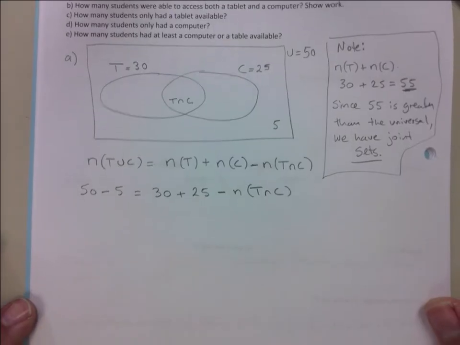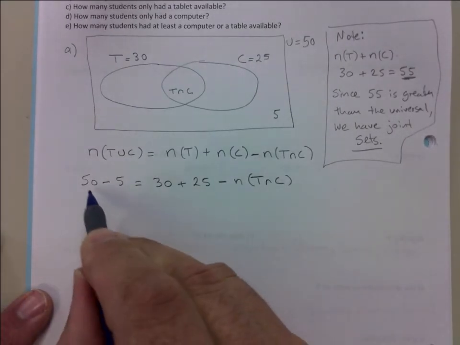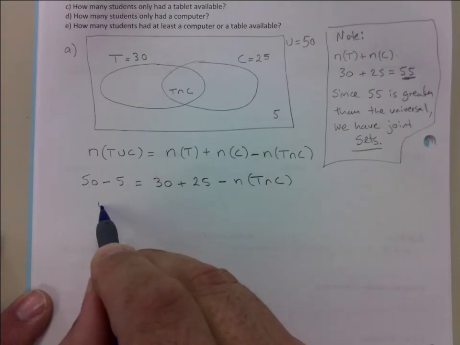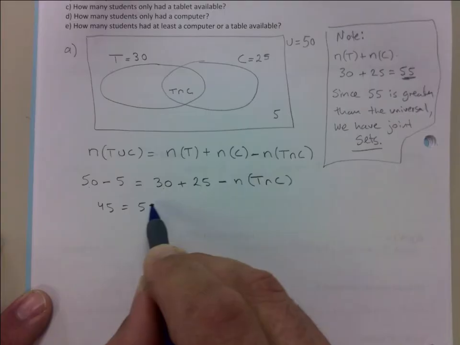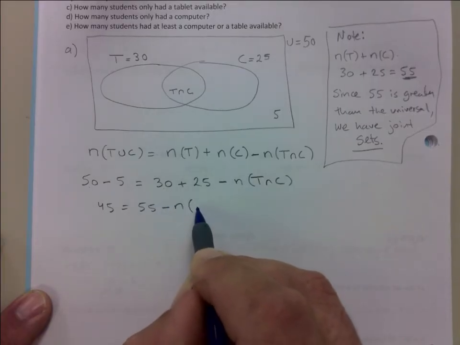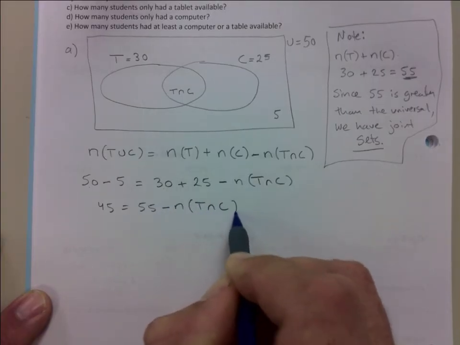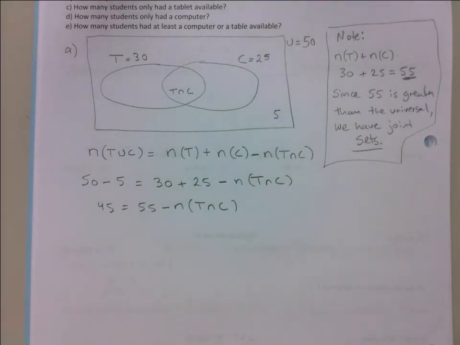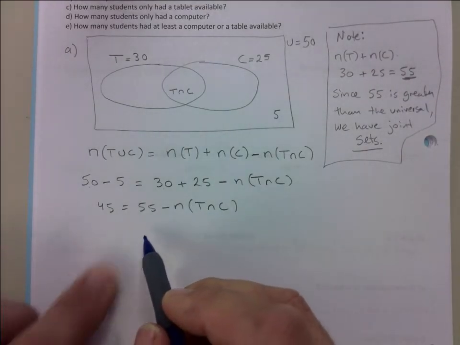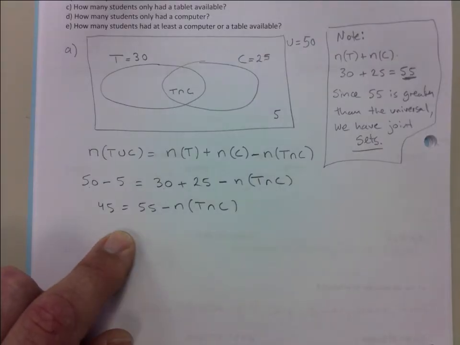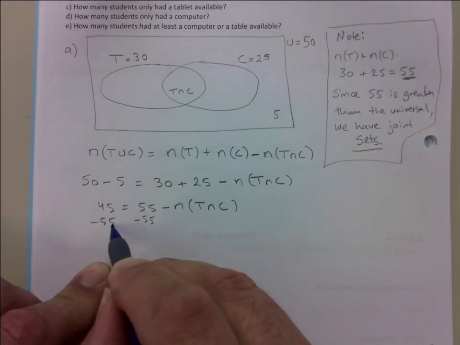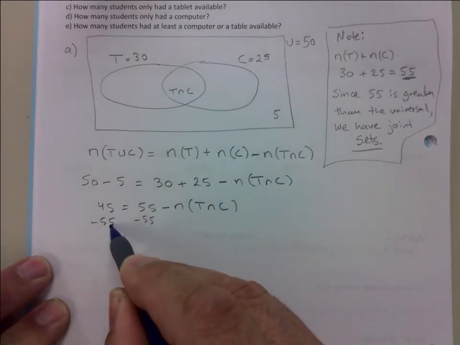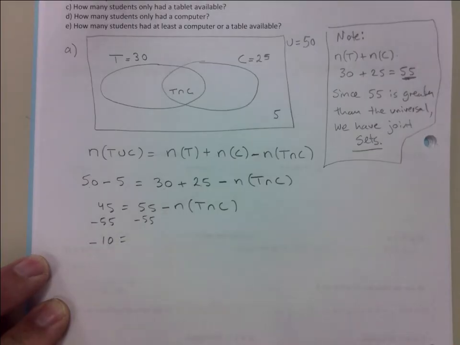Okay? And now it's just 50 minus 5 is 45, 30 plus 25 is 55 minus, these are the students that are in both, that have a tablet and a computer. What do I do now? I subtract 55 from both sides. 45 minus 55 is negative 10.